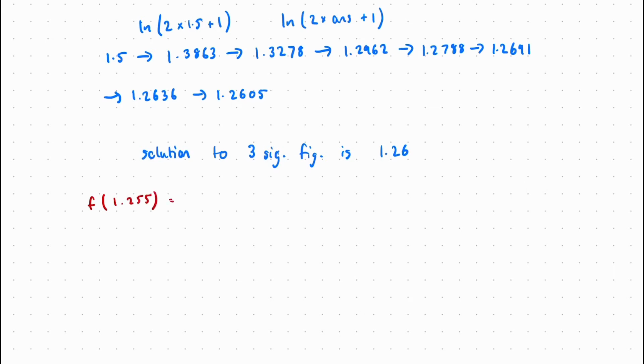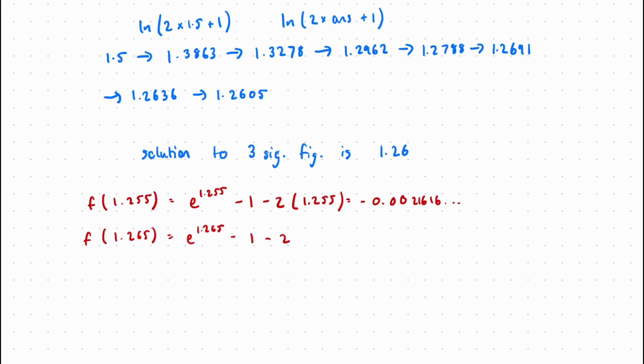1.255, which would equal e to power 1.255 minus 1 minus 2 lots of 1.255, which gives me a solution of minus 0.0021616, and taking the upper bound, which would be 1.265, and doing e to power 1.265 minus 1 minus 2 lots of 1.265, which gives me a value of 0.01309.